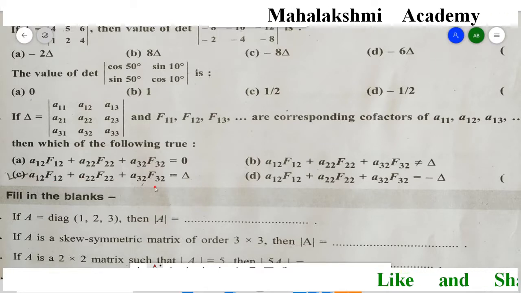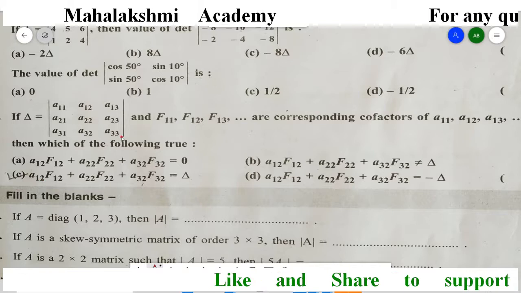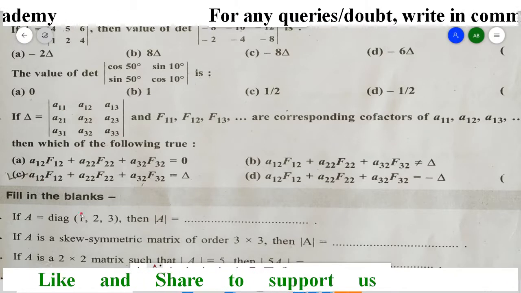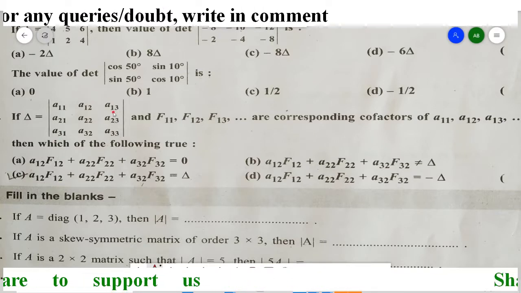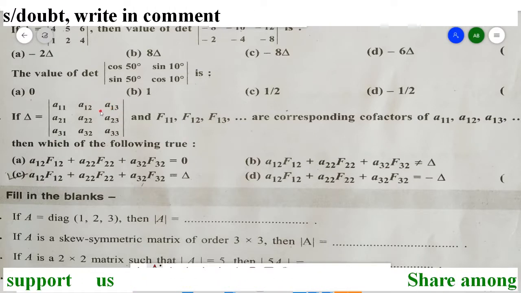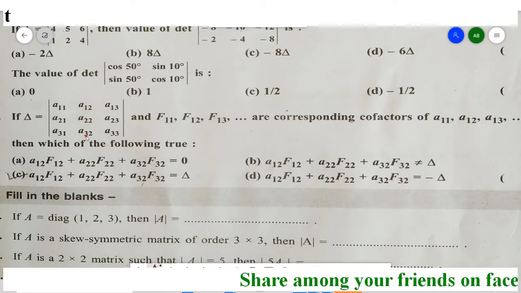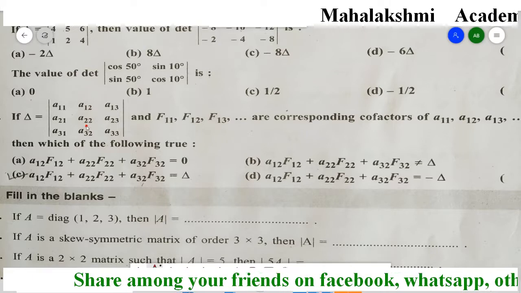So the C option is correct, because either they should select any row or they should select a column. So here they selected the second column, A12, then A22, and then A32. So they had opened this determinant along the second column.